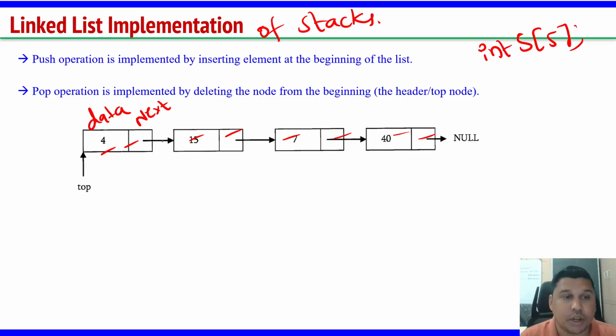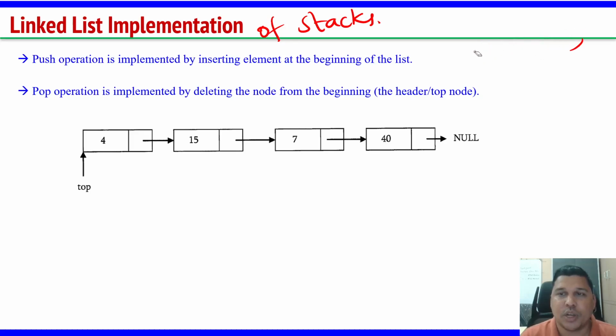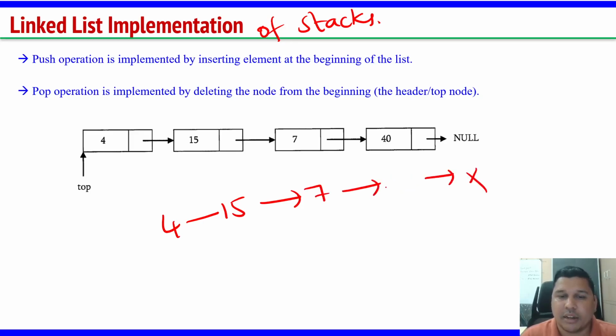Okay. So assuming we all know about the linked list implementations, we will see how stack can be implemented using linked list. So you take a case of single linked list. In a single linked list, I have a list like this: 4, 15, 7 and 40. Okay, 40. Right. So what are the two important operations which I want to implement? One is push, other is pop.